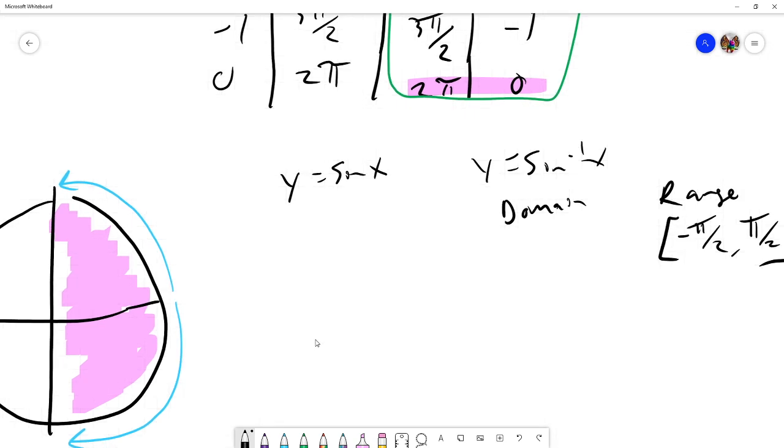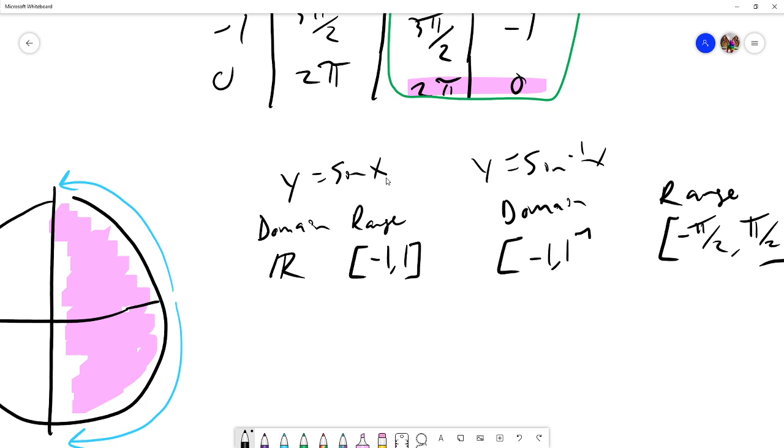Now when we think about sine and its domain and range, sine had a domain of all real numbers, but the range was values between negative 1 and 1 because we're on the unit circle and you can't have a radius greater than 1. So since the range for sine is from negative 1 to 1, when we think about arcsine as the inverse sine function, the outputs now become the inputs, and so the domain is actually going to be from negative 1 to 1.